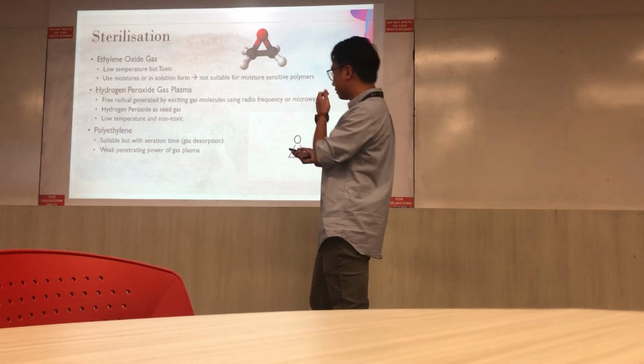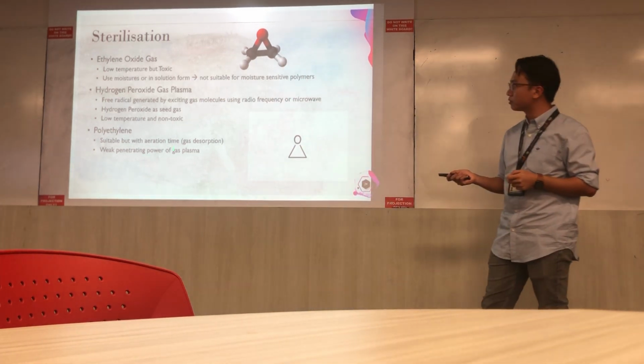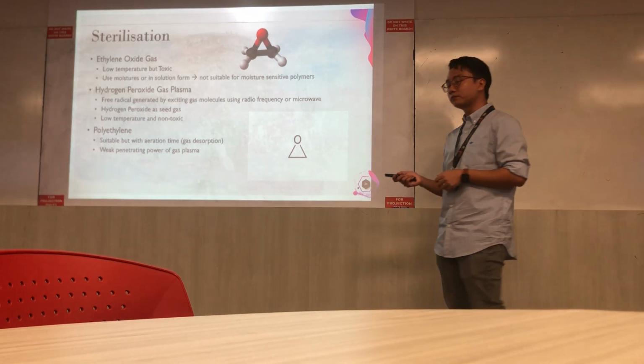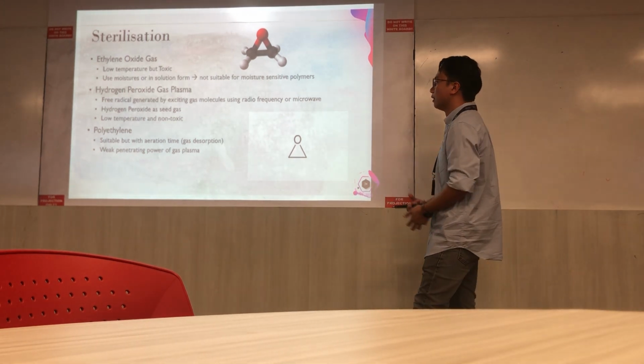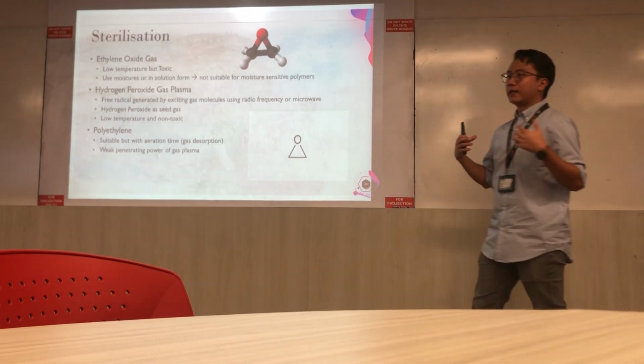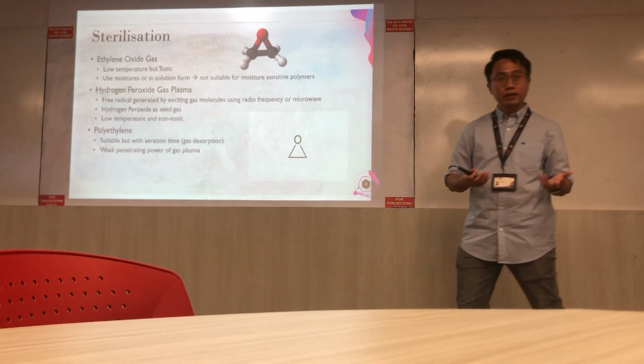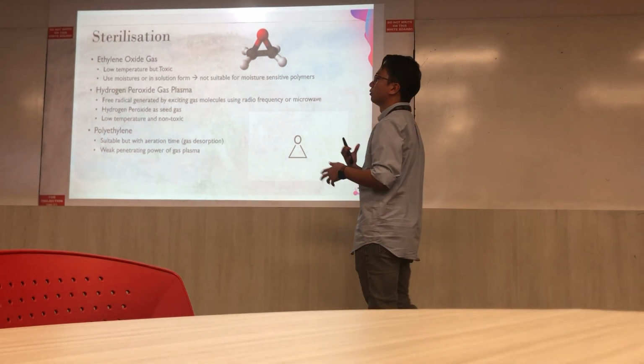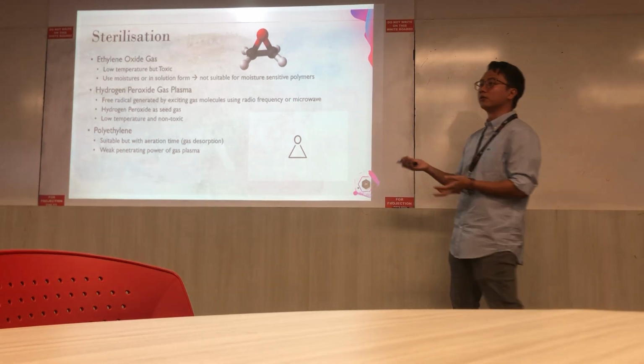This is why most of the time for PE, we will use ethylene oxide gas. If we put it into an EO chamber, the material gets exposed to the EO gas and the whole material inside can more or less be sterilized.